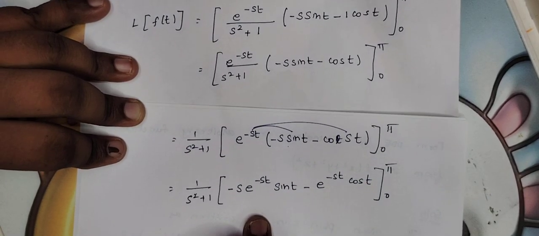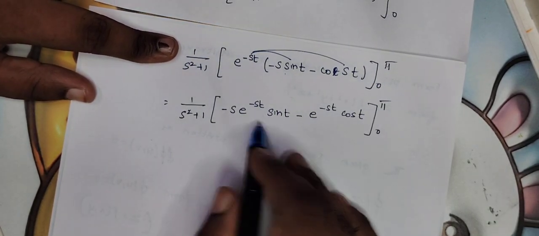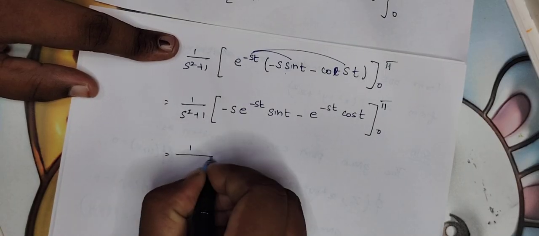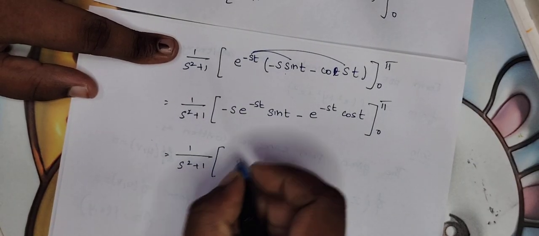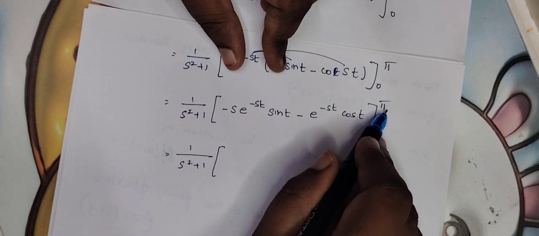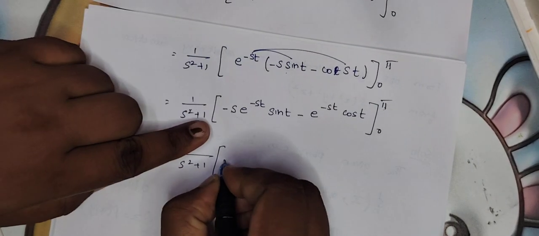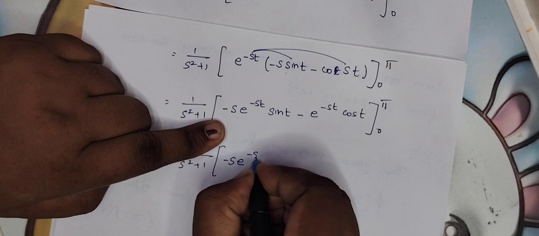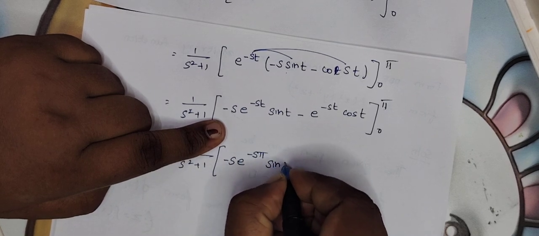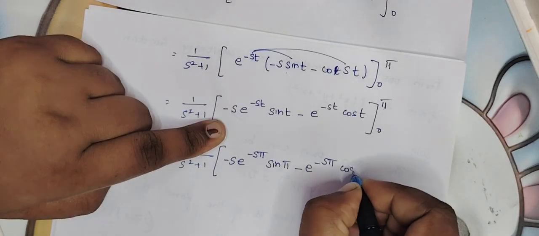Okay, now I'll substitute the upper limit and lower limit in place of t. I'll get 1 divided by s square plus 1. In place of t, I substitute the pi value first, the upper limit. Wherever we have t, I substitute pi. So I'll get minus s e power minus s pi sin pi minus e power minus s pi cos pi.